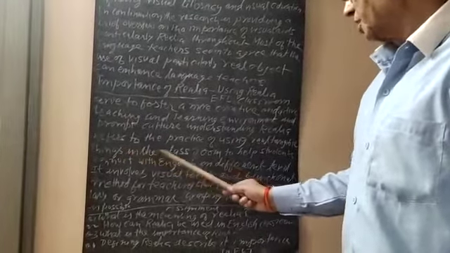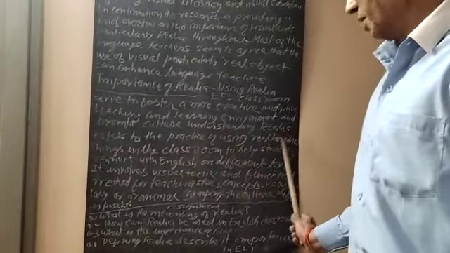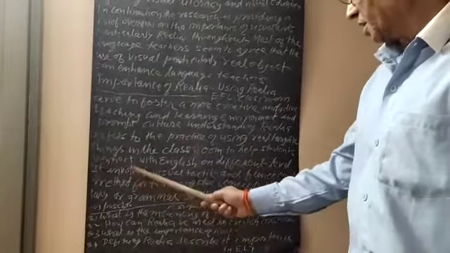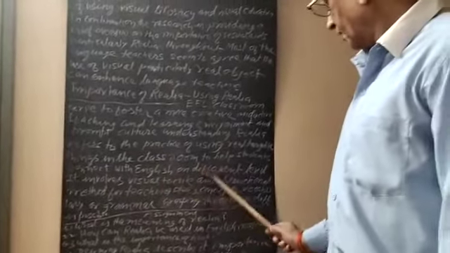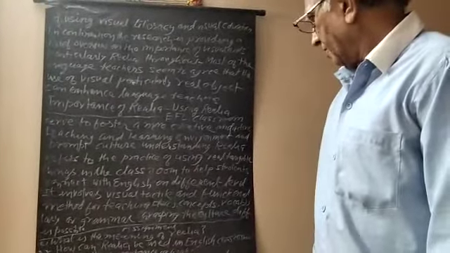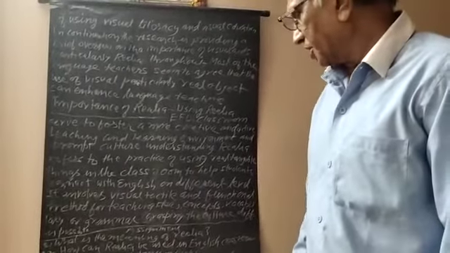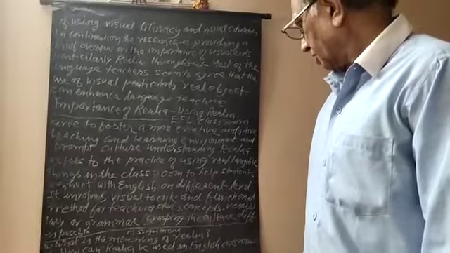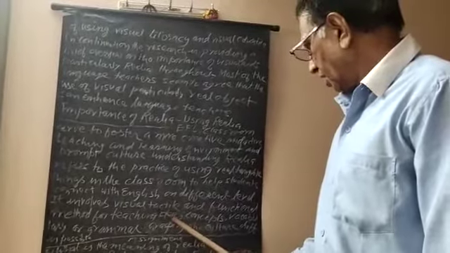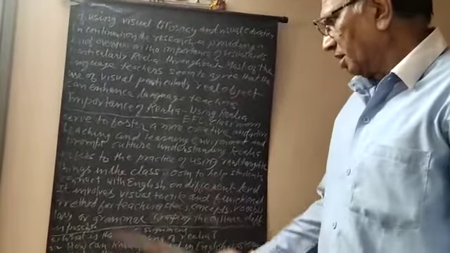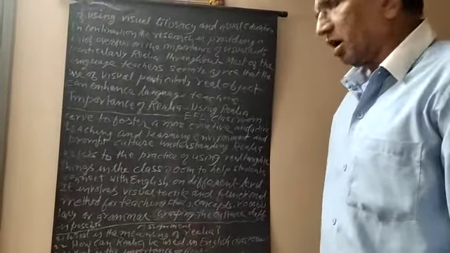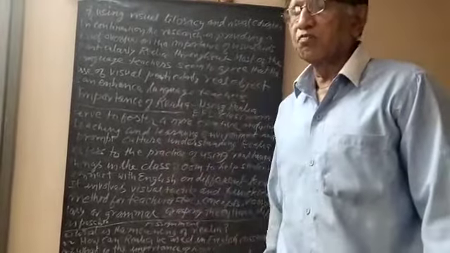Realia refers to the practice of using real tangible things in the classroom to help students connect with English on different levels. It involves visual, tactile and functional methods for teaching concepts, ideas, vocabulary, grammar, and culture, grasping the culture of other areas.